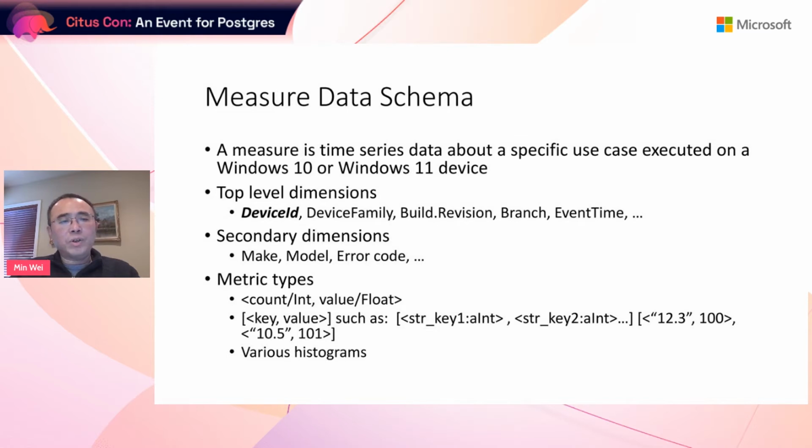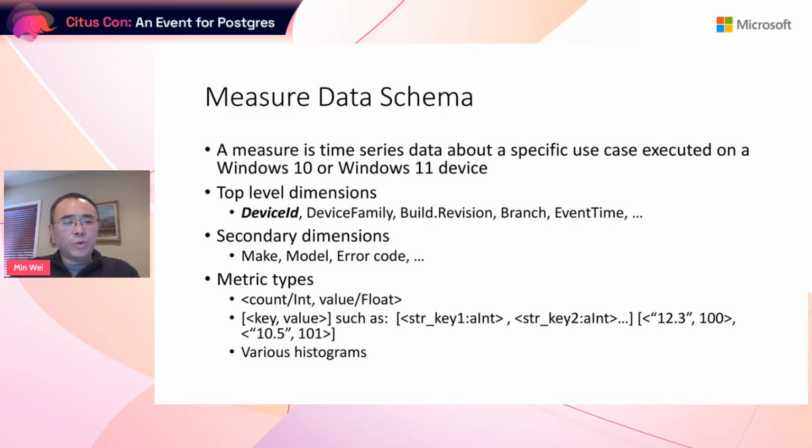From the database point of view, a measure has dimension columns and metric columns. It has a few dimension columns, like the device ID.